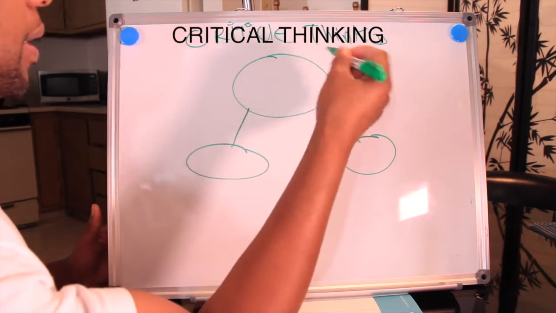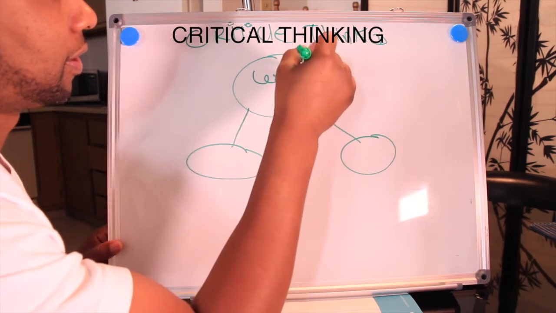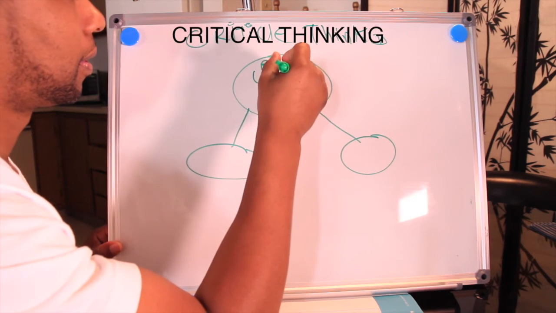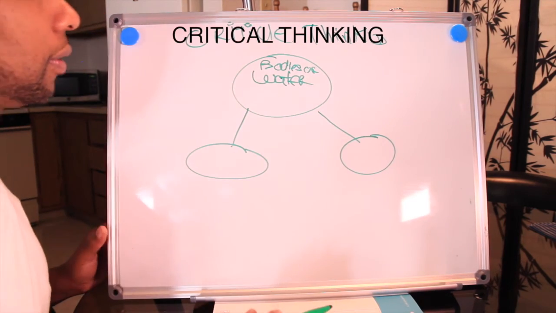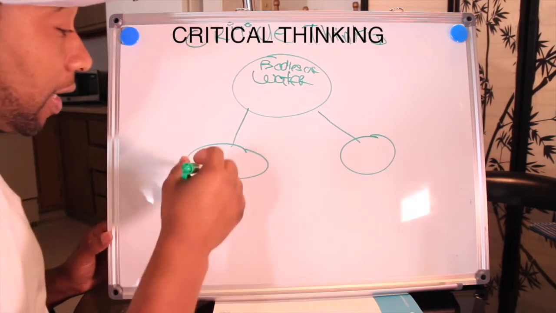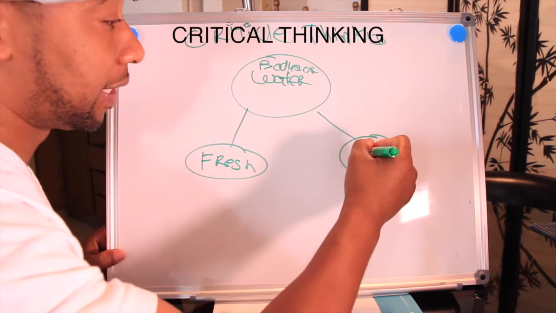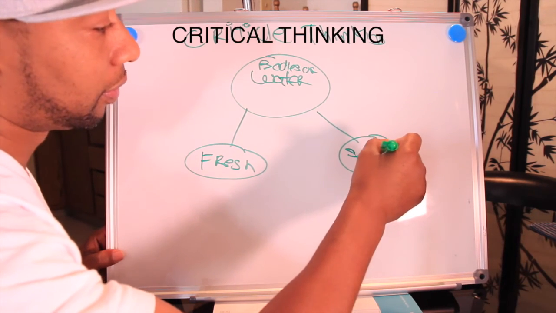So let's just say this is an example that I've seen online. Bodies of water. Then you could break down bodies of water into fresh water and salt water. You know what I'm saying?